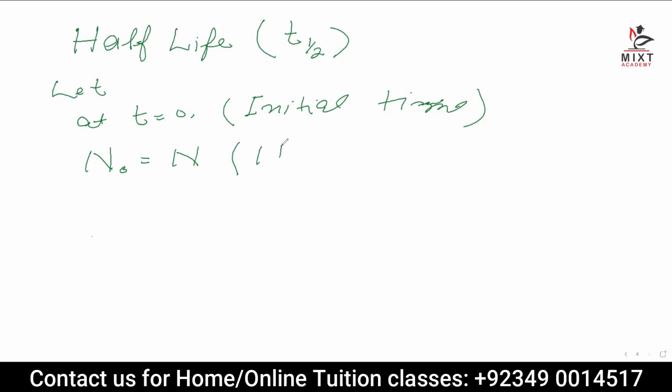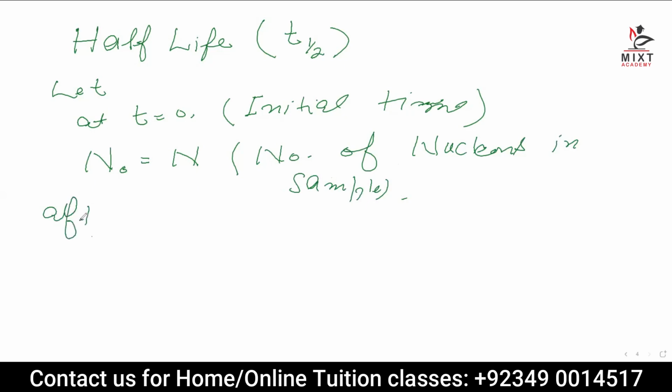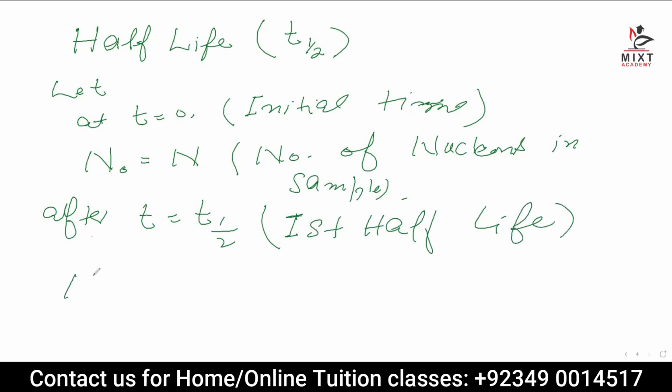After the first half-life, when T is equal to T subscript 1/2, N is equal to N naught over 2. The undecayed amount would be half of the initial.